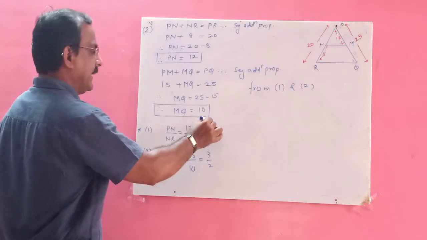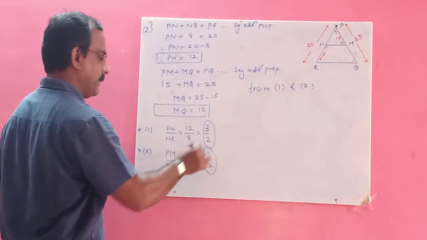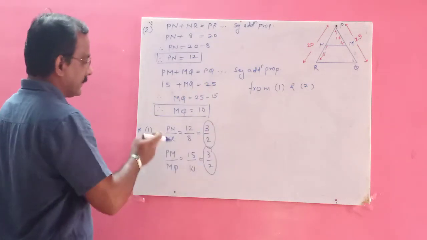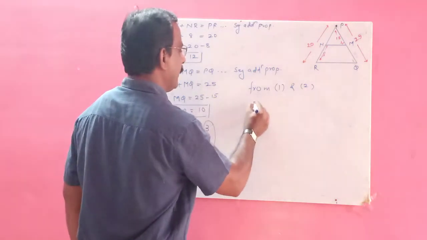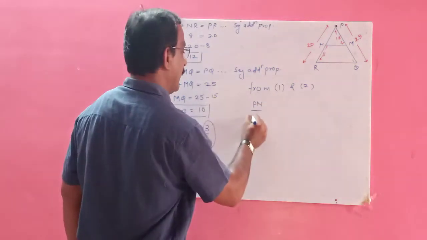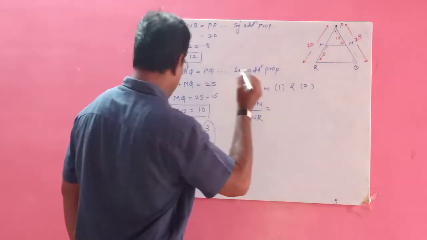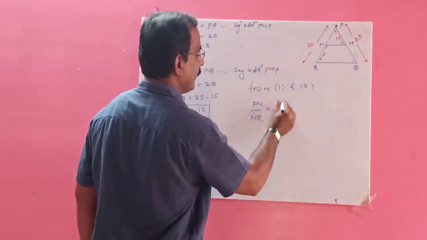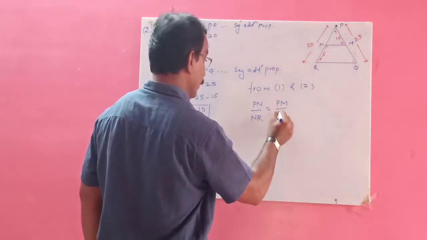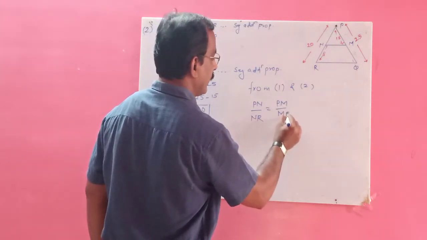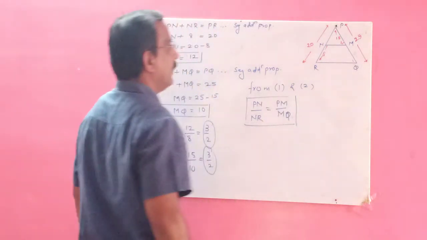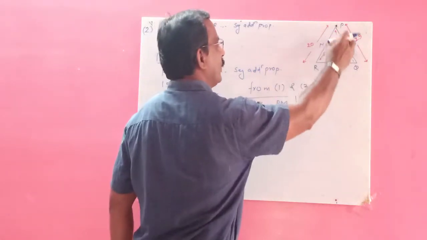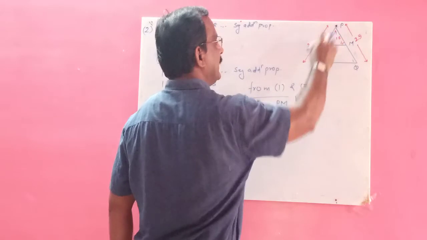See the right hand side, it is same. If these two are same, then these two are also equal. So PN upon NR is equal to PM upon MQ. This ratio is equal to this, which belongs to this triangle.